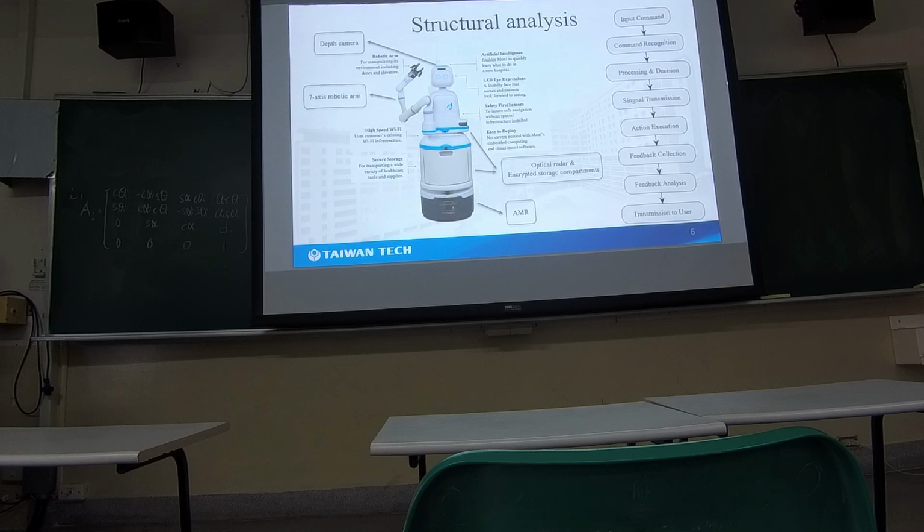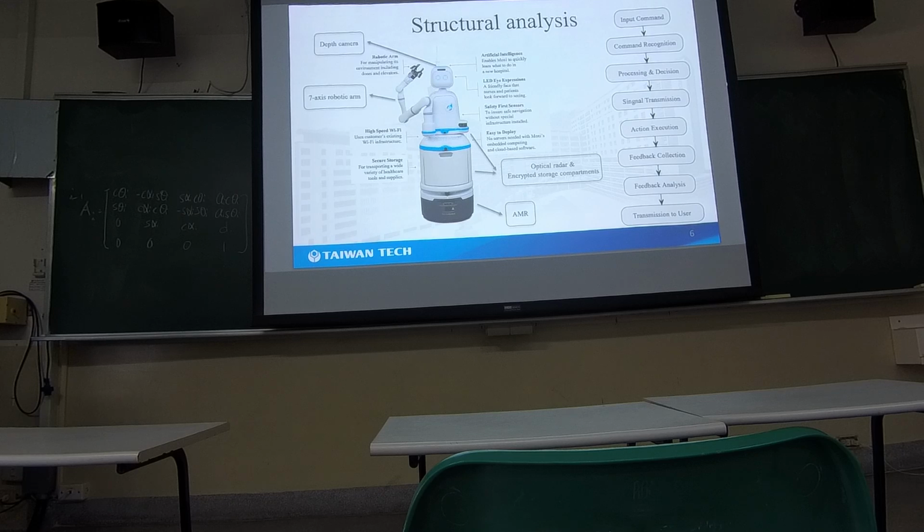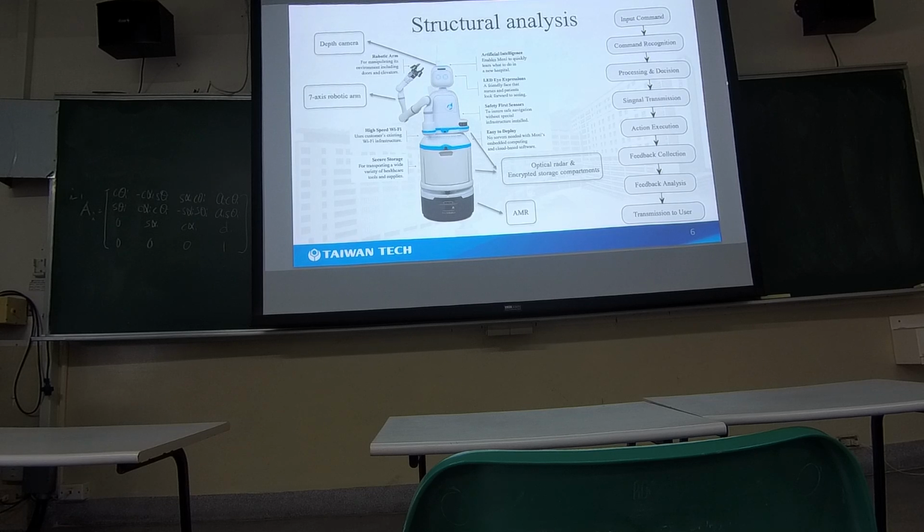Similar to an AMR, MOSI is equipped with a 7-axis robotic arm, capable of lifting and handling objects at various heights and angles. It is also fitted with a depth camera that can identify and handle medications or medical supplies.